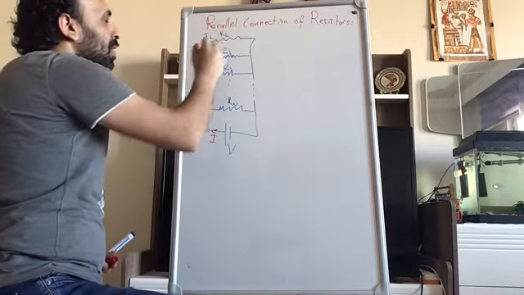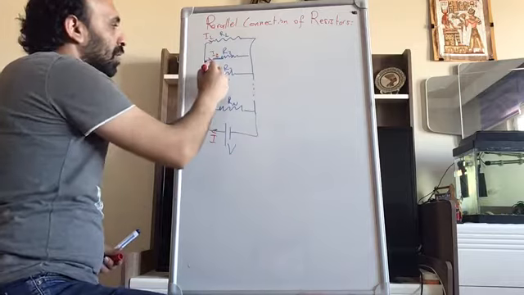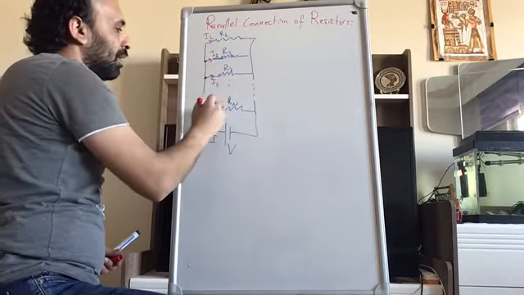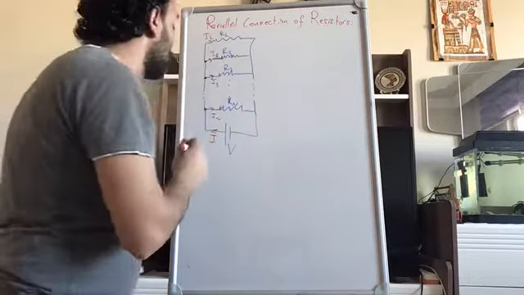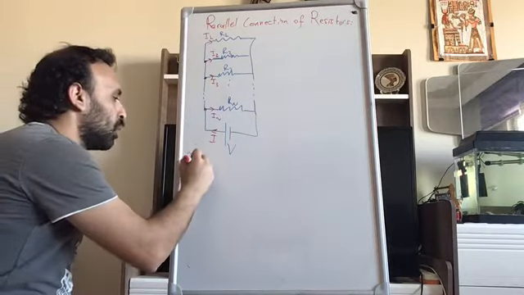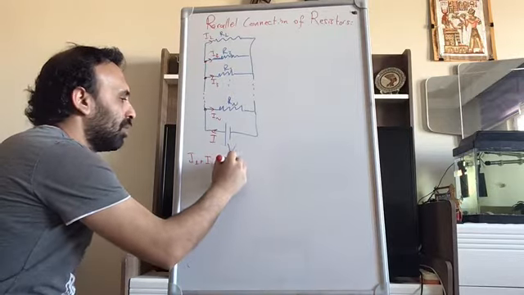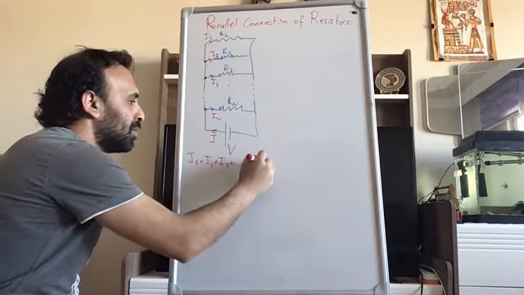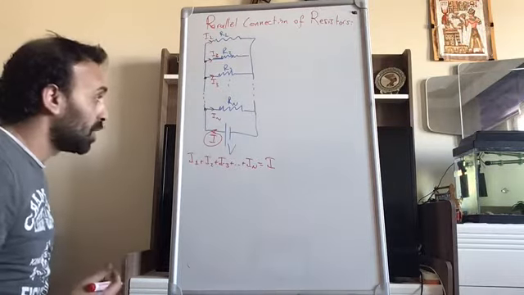Because the current will split at the junctions here. So I1, I2, I3, In, but the total current will be equal, I1 plus I2 plus I3 up to In should be equal to the total current here because of the electric charge conservation.